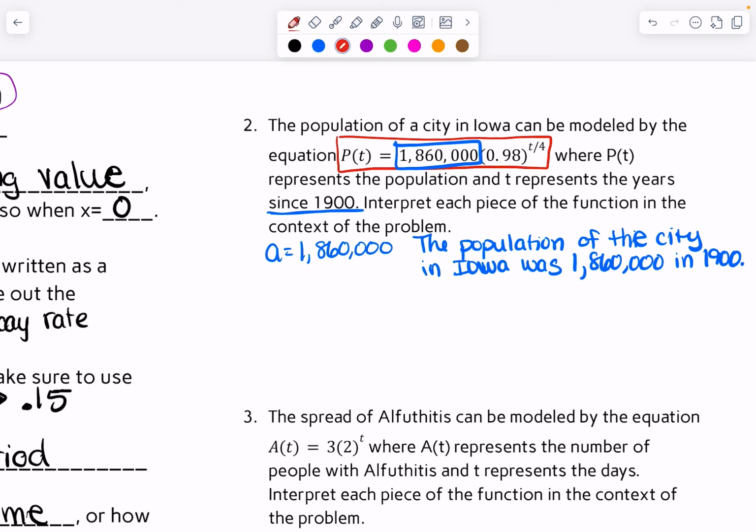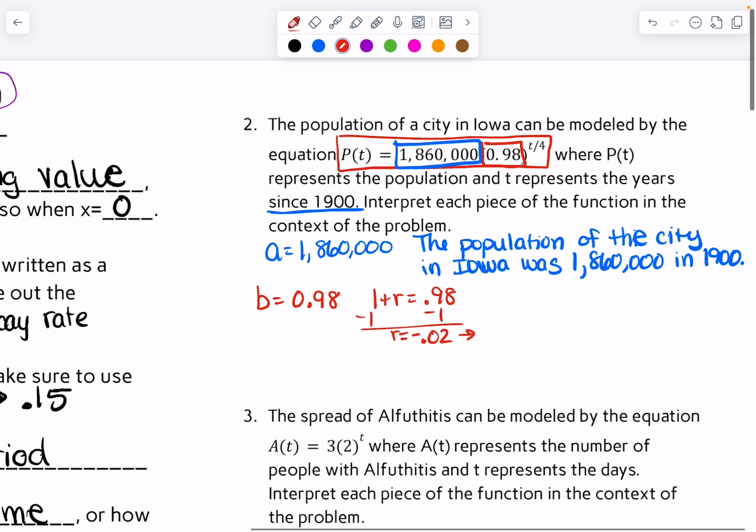Then I can look at this B, that is 0.98. So B is 0.98. I know that 0.98 is less than 1. So I know that this is going to be decay, but how much is it decaying by? So again, if I use my 1 plus R equals 0.98, subtracting 1 from both sides, R is negative 0.02.